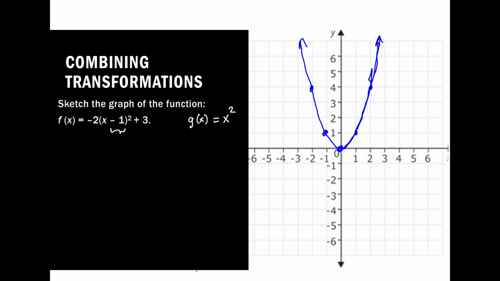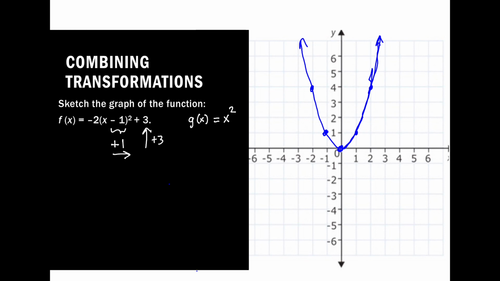And it's with the x. So this is a horizontal result, and it's going to move it to the right 1 unit. Right? When we do stuff to the x, it shifts it horizontally, and it does it in the opposite direction. And then our addition of 3 means it's going to shift up 3 units.